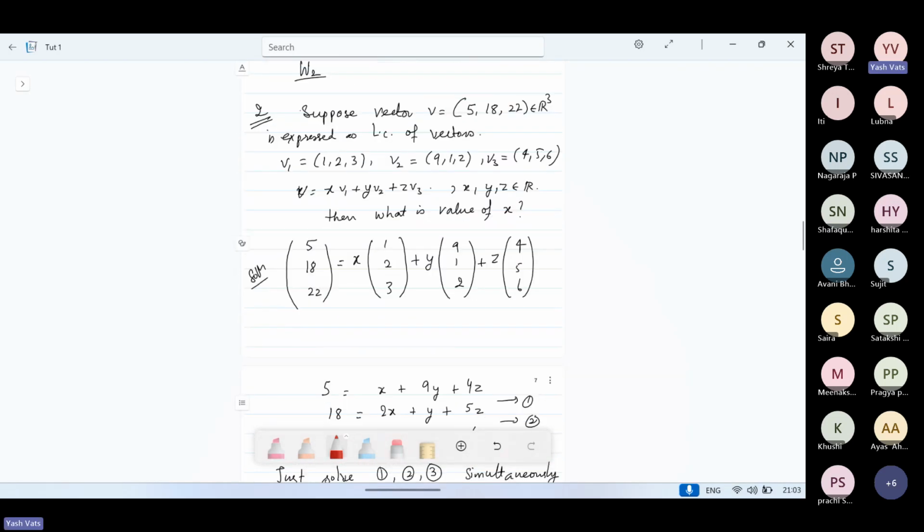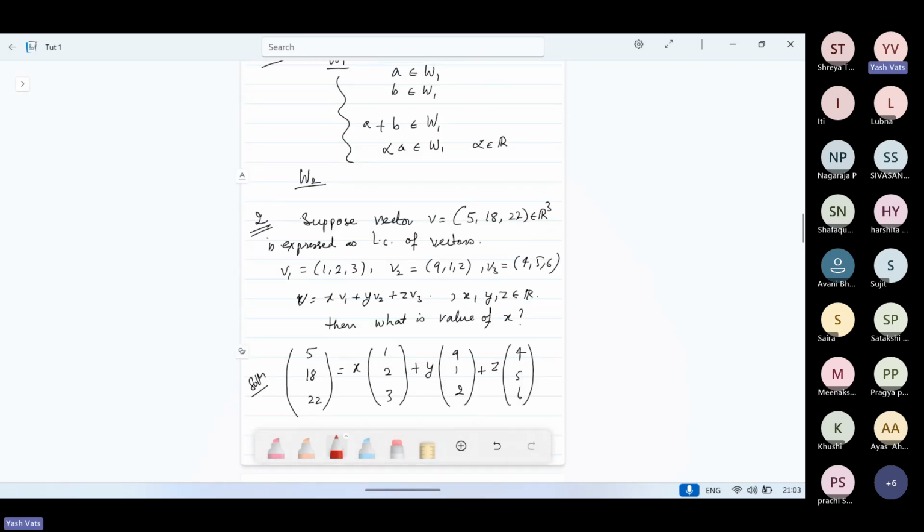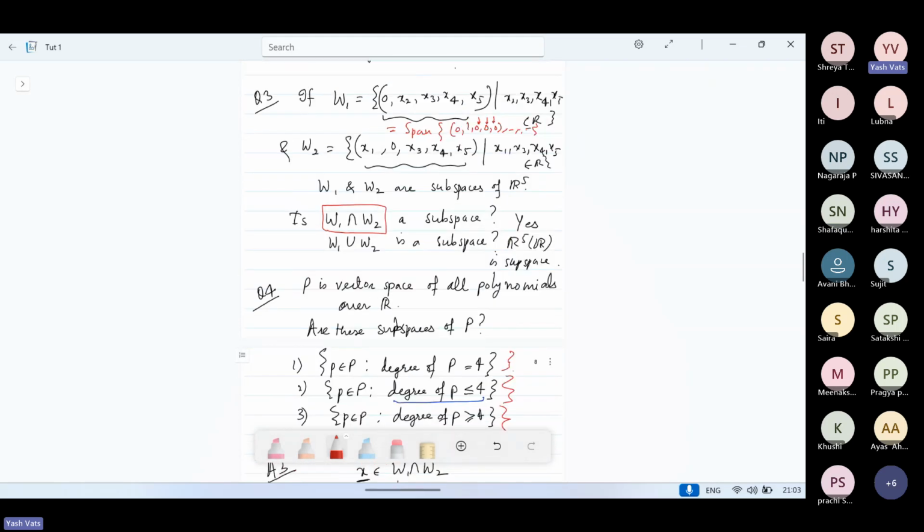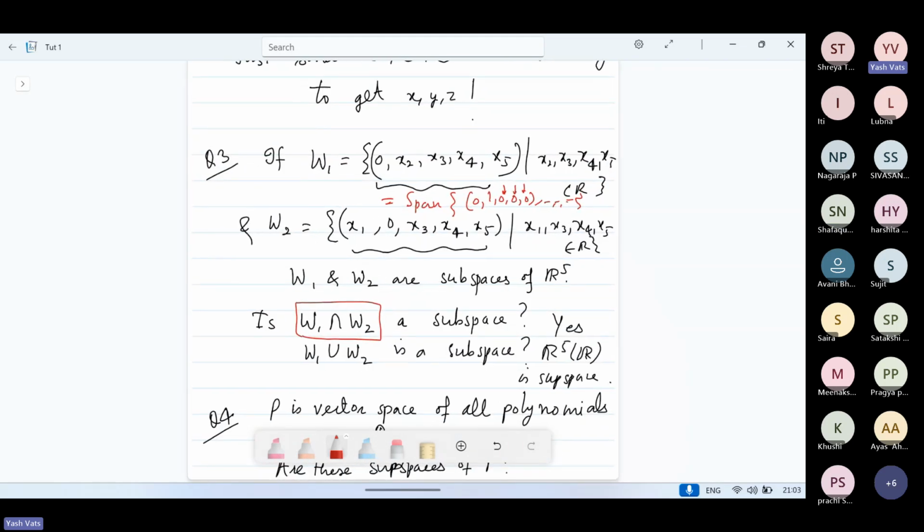So W1 here, if you see this example, have you understood this example?